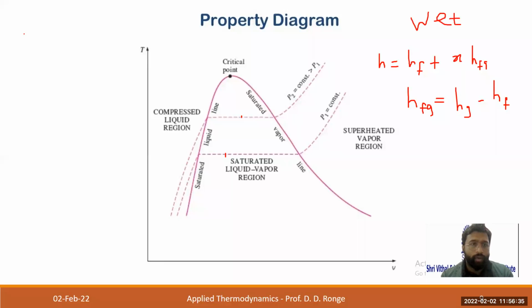Now what about subcooled? Let us say you want to calculate the enthalpy of subcooled, suppose at this point. Let us say this point is 5, as 1, 2, 3, 4 are already taken. You want to find the enthalpy at point number 5, which lies in the subcooled region.